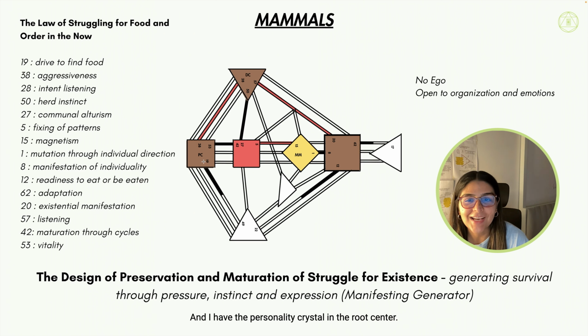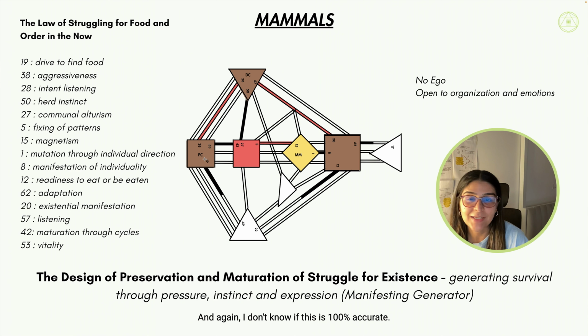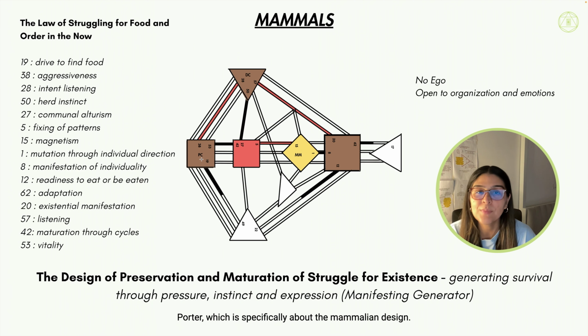And the personality crystal is in the root center, which is a center that hasn't existed before in any of the previous forms. And again, I don't know if this is 100% accurate, but this is what is there in the book published by Eleanor Porter, which is specifically about the mammalian design.